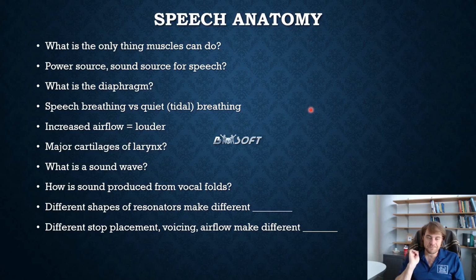Then you've got different stop placement, so P versus K versus T, voicing: P, B, P is not voiced, B is. S versus Z, that's voiced or not. Is the air being stopped, or is the air still flowing?